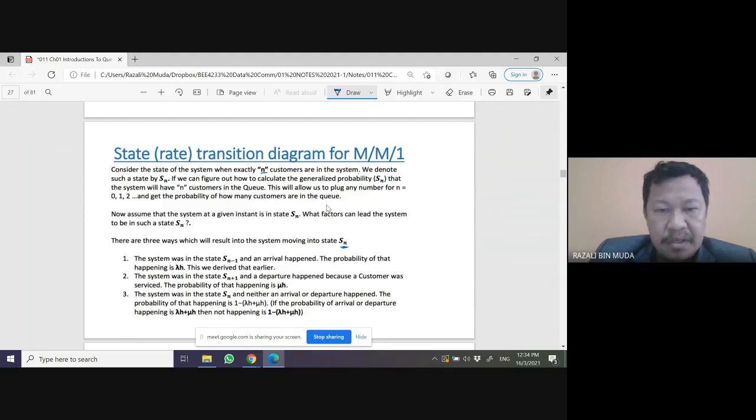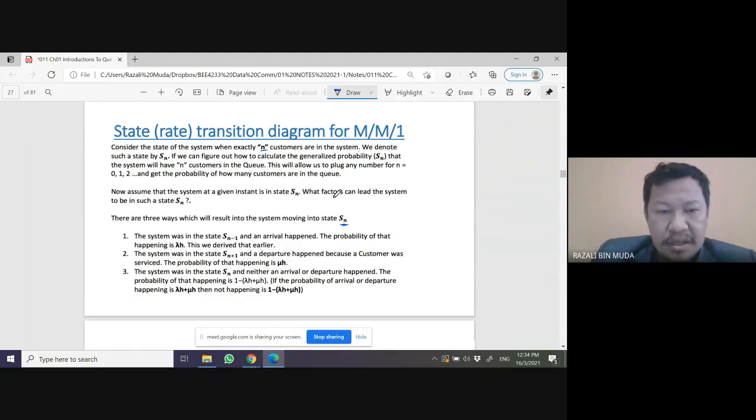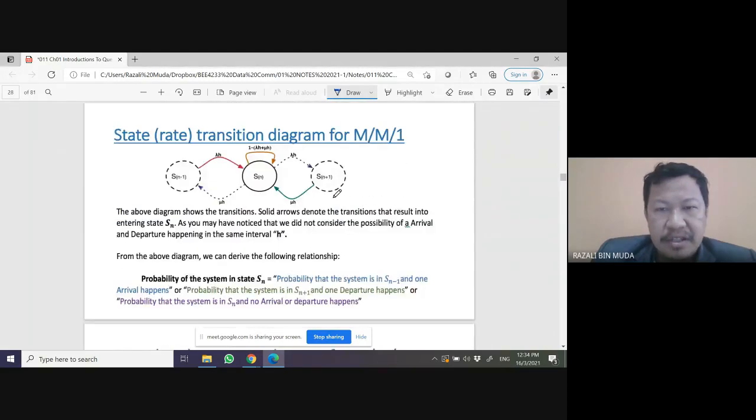The above diagram shows the transitions. Solid arrows denote the transitions that result in entering state Sn. As you may have noticed, we did not consider the possibility of arrival and departure happening in the same interval.